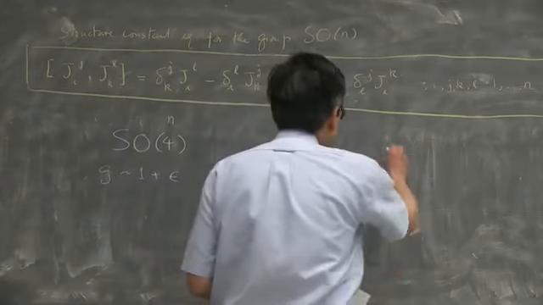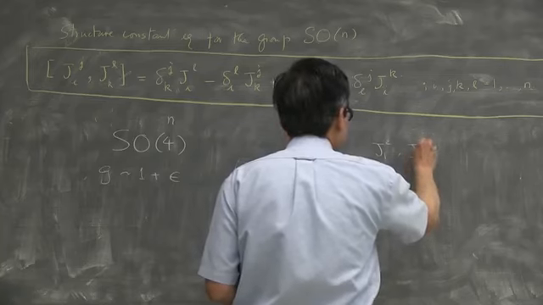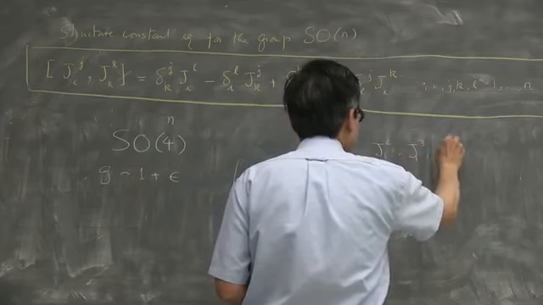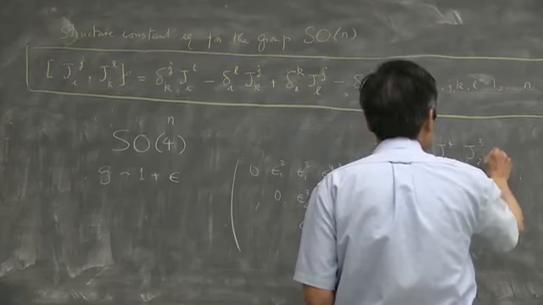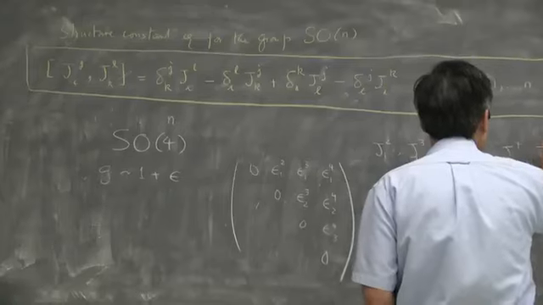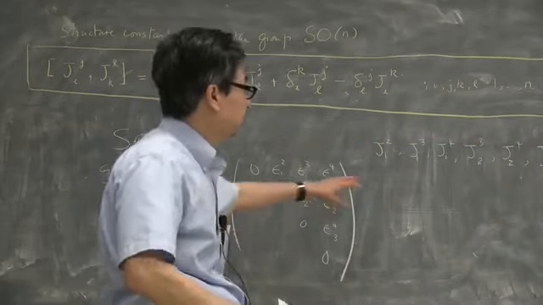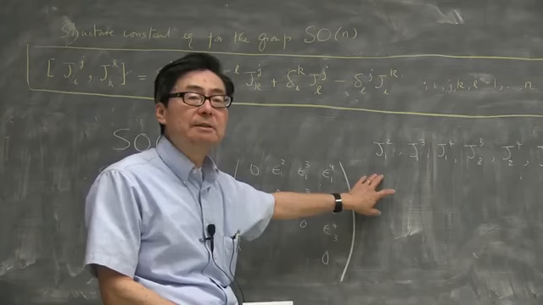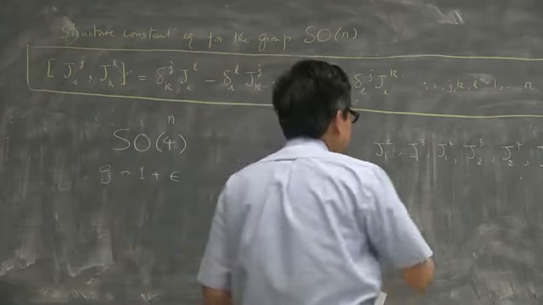So the 6 independent J's would be J12, J13, J14, J23, J24, and then finally J34. Now, you view each of these as in general a big N by big N matrix, okay?